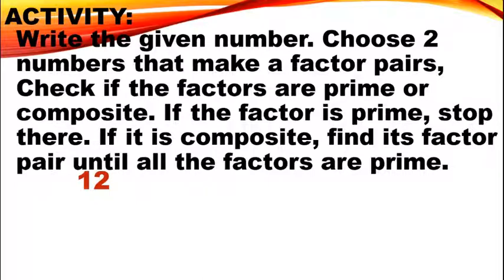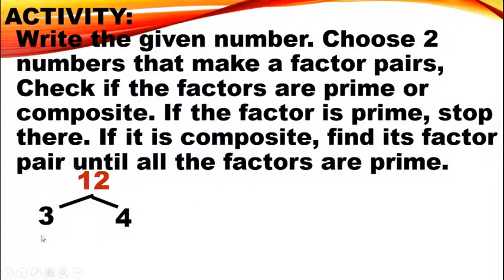12. We need to draw two sticks to form a tree diagram. Think of two numbers that we can multiply to get 12. Okay, there's a possibility that you can use 3 times 4.